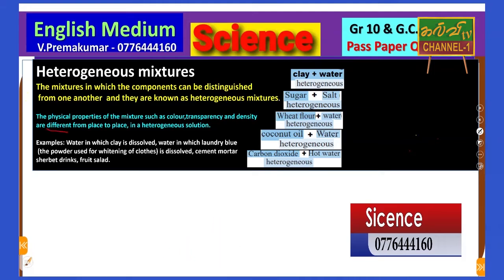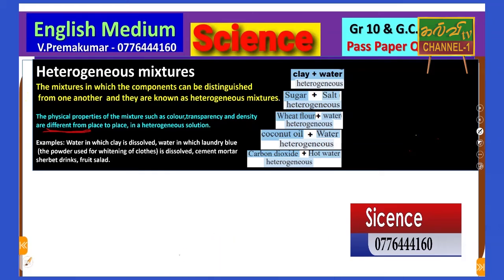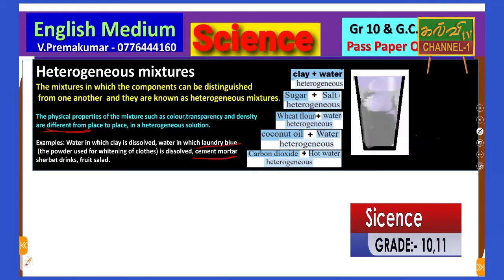Examples: water in which clay is dissolved, water in which laundry blue, the powder used for whitening cloth, is dissolved. Laundry blue means we in school uniform also now use that. Cement mortar used for constructing buildings, right, and suburb drinks and fruit salad. Okay, so these are the examples.